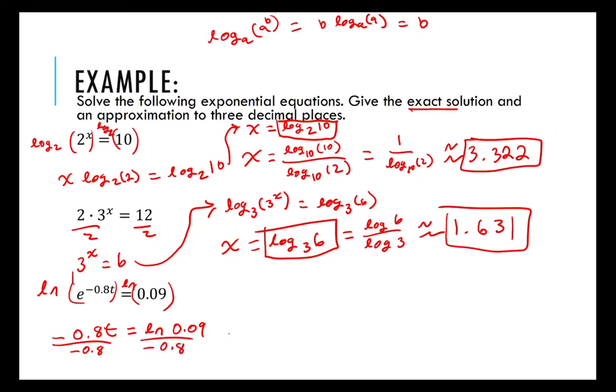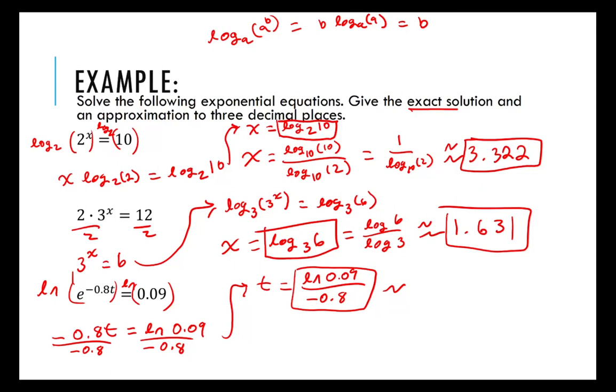And at this point, we get that t is equal to the natural log of 0.09 divided by negative 0.8. This is the exact solution. There it is. Now, if I want an approximation, notice that there's no need to use a change of base because I do have a natural log button on my scientific calculator.